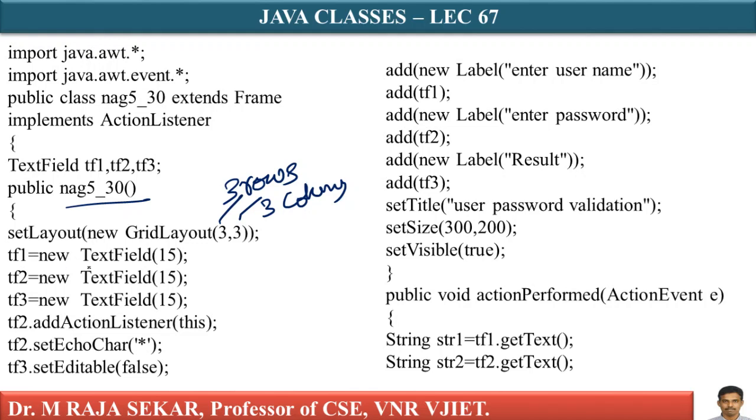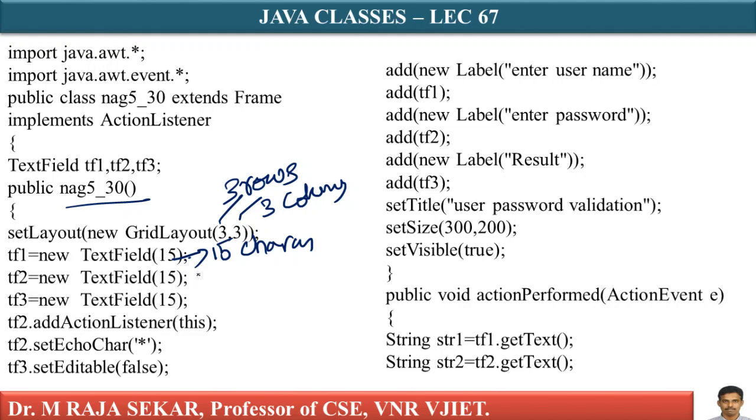tf1 = new TextField(15). What does that number 15 indicate? A text field sufficient to display 15 characters will be created. Then tf2 = new TextField(15), again the same thing.